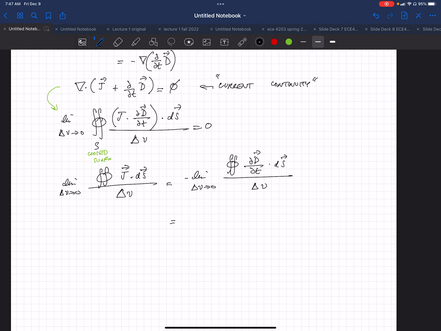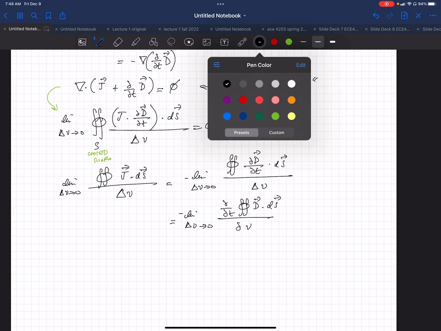So we can bring the derivative with respect to time outside, by dS over delta V.